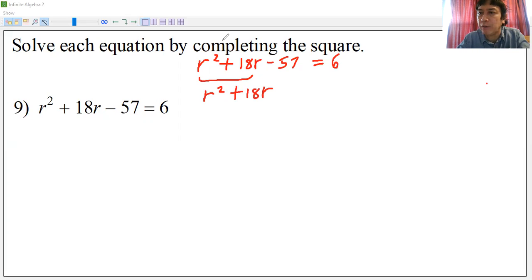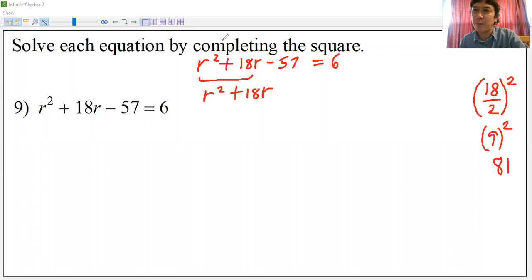Okay, we're going to get that 18, all right? Just like what we did a while ago, 18 divided by 2, after which the result after dividing by 2, you're going to square it. 18 divided by 2 is 9. 9 squared is 9 times 9. That's 81.